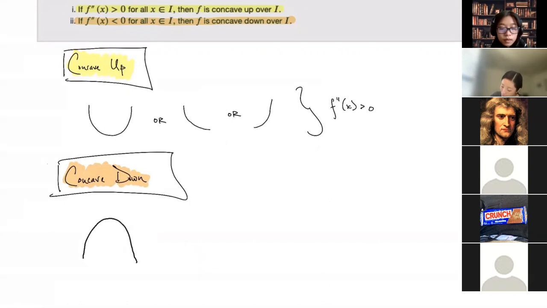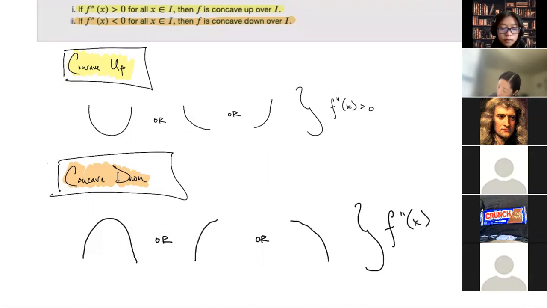But if this is concave down, so is any part of it. This is also concave down, just the left half. Or this is concave down, just the right half. Okay, so just like with the concave up, anytime you have something that looks like it's going to completely spill the water, that second derivative is actually less than 0.